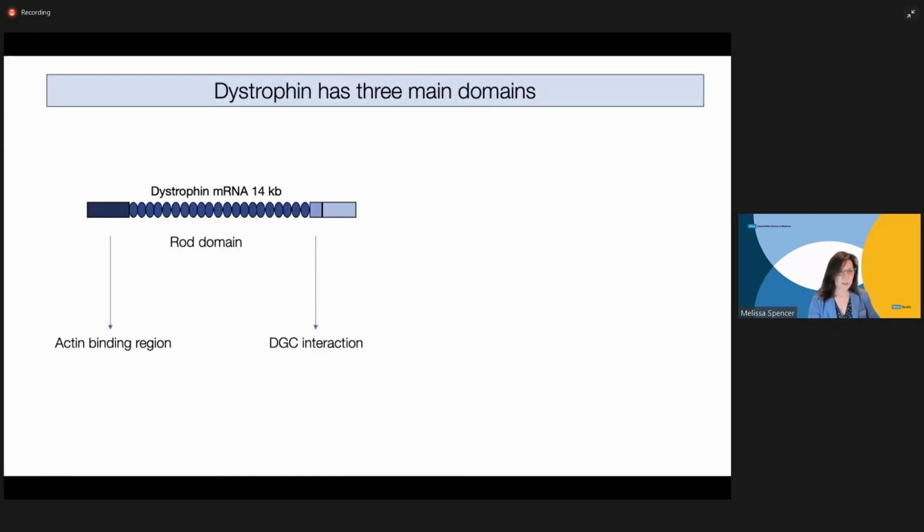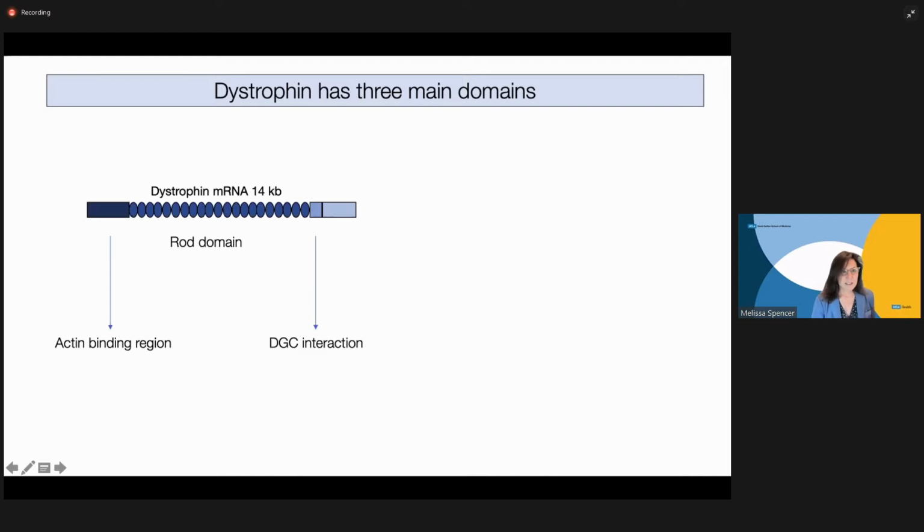So in order to describe what I'm going to describe, I had to oversimplify things. Dystrophin has three main domains. It has an actin binding domain at its N-terminus. The C-terminus interacts with the dystrophin glycoprotein complex, and it has this rod domain that consists of 24 different spectrin repeats, represented by these balls.